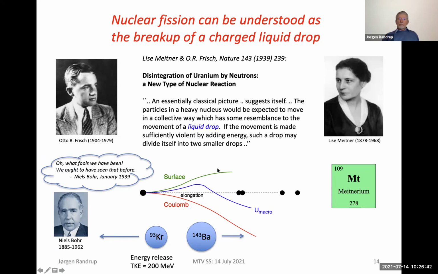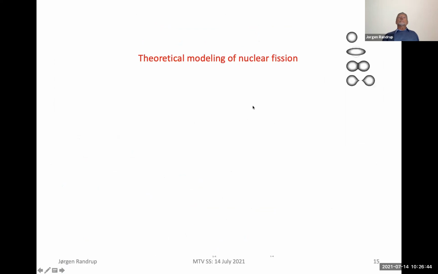Now, let us then try to model fission. So we want to have the shape go from a single nucleus down to scission. And it is actually quite difficult.